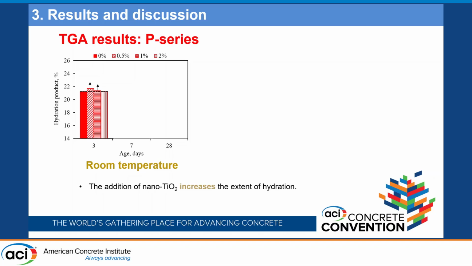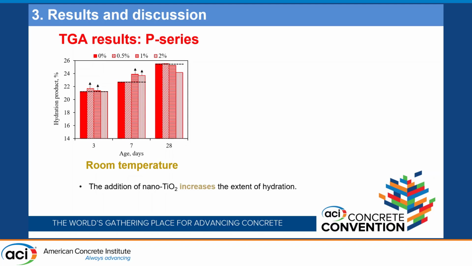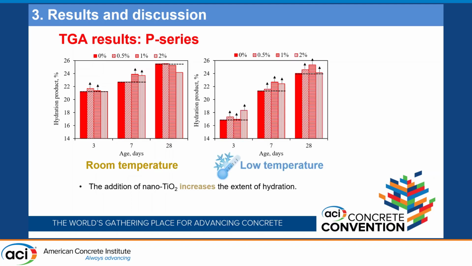This is for P, which means plain concrete, no fly ash added. And you can see at various ages, addition of nano titanium dioxide increases the amount of hydrated phases as indicated by TGA. That was for the room temperature.